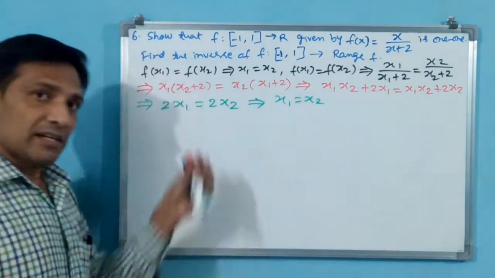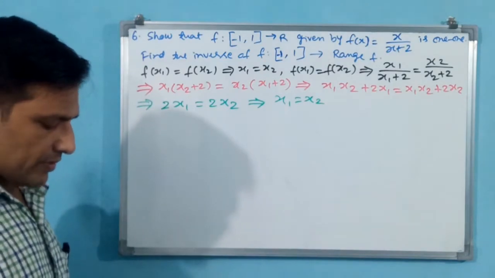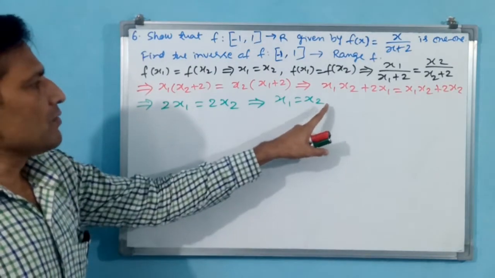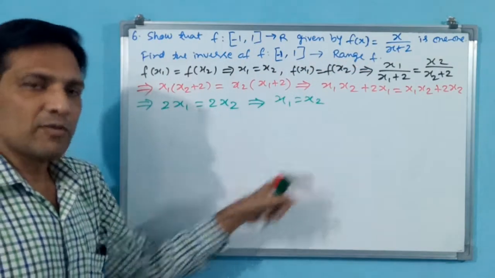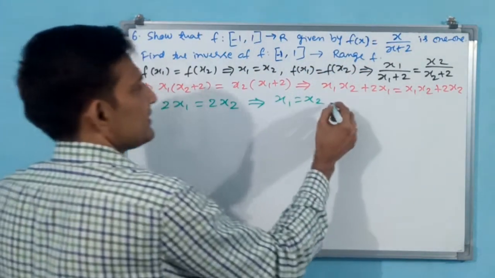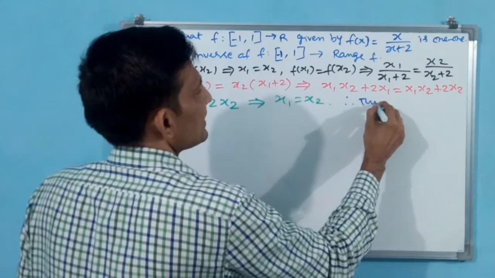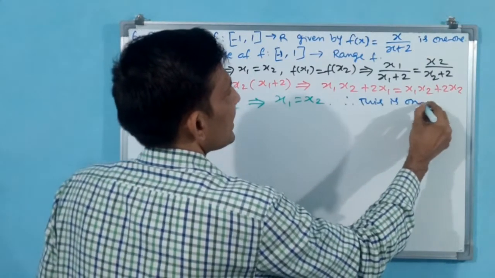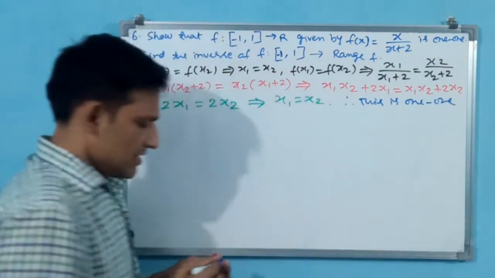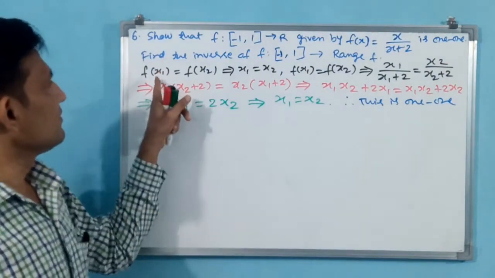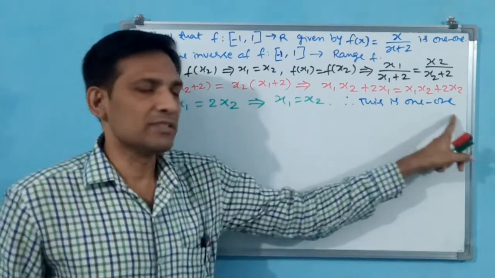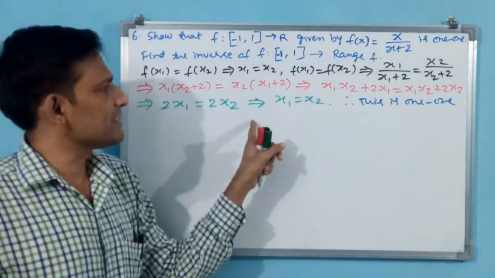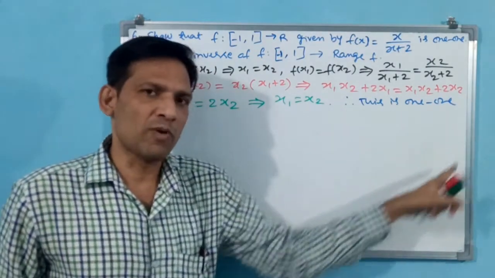Therefore, after doing this, you write: therefore this is one-one. Or you can also write LHS is equal to RHS, therefore this is one-one.